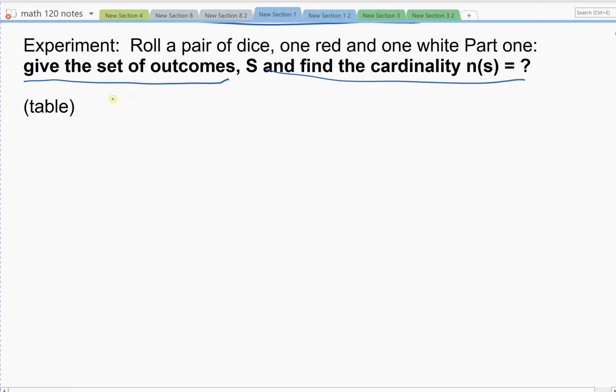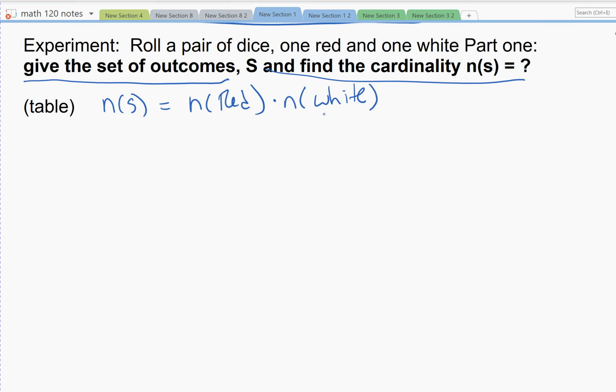I'm going to count them using the Cartesian product rule. The number in my universal set: I've got the number from the red die paired with the number from the white die. I've got all of the elements from the red die, and I'm going to pair them with all of the elements from the white die, all of the different things that can happen on the white die.